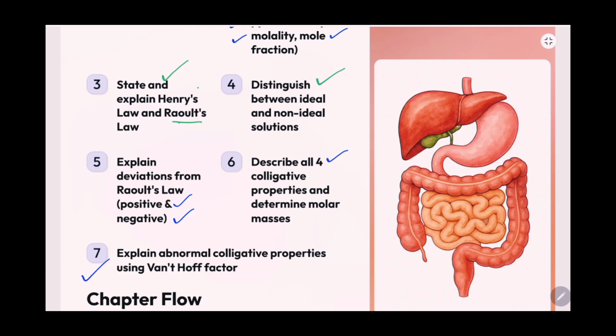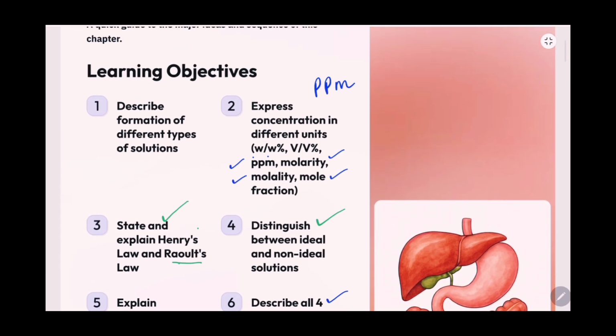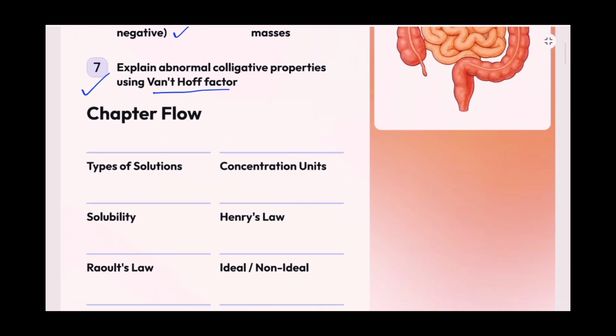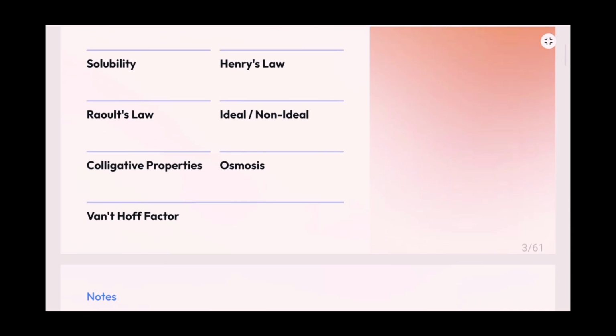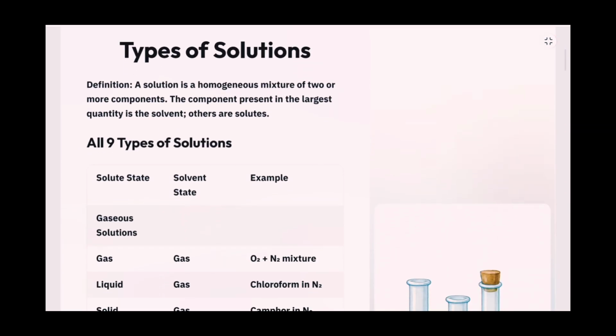Finally, we'll explain the abnormal colligative properties using a very important term called the Van't Hoff factor. So these were our objectives. Objectives help us understand how we are going to go about it. So let's directly come to the first topic, types of solutions.